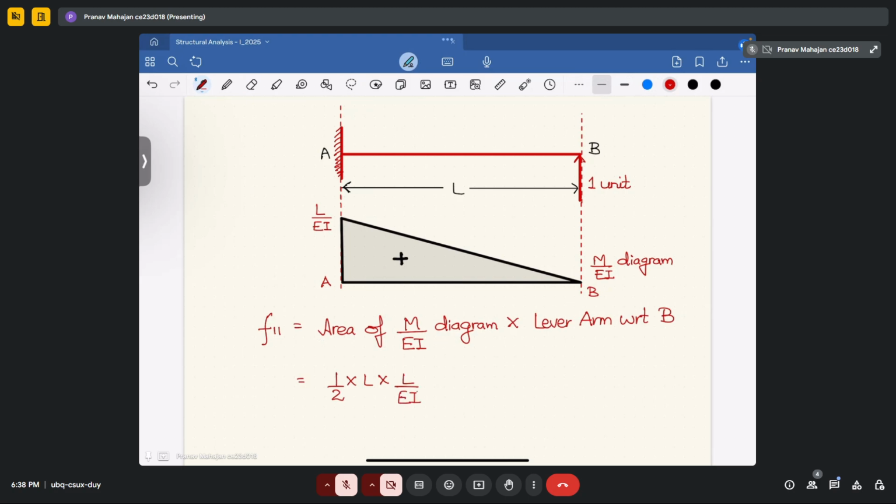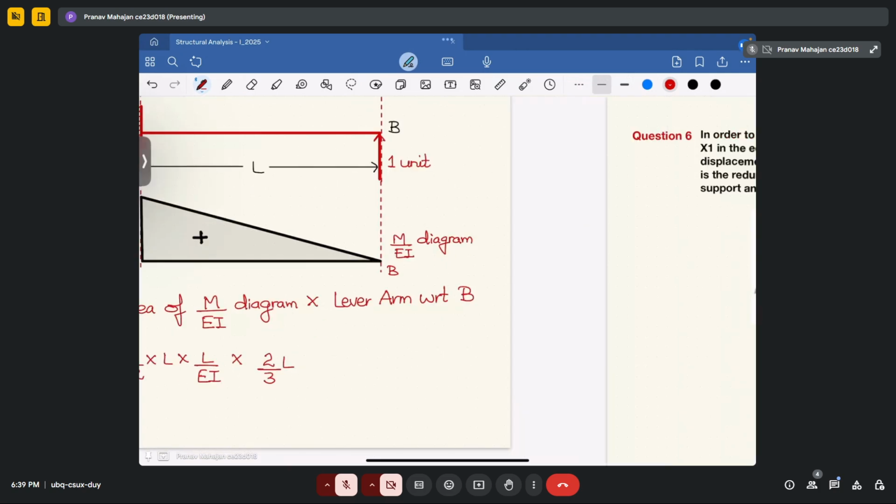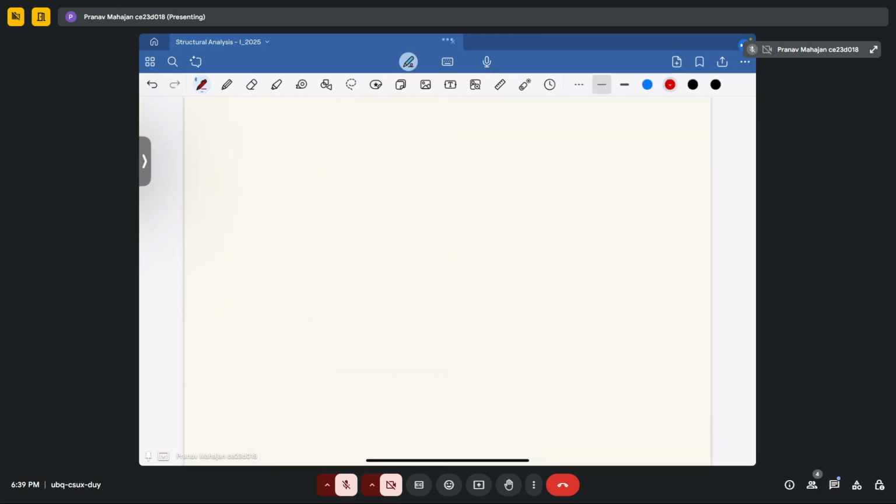That will give you the area of the M upon EI diagram. Multiply by the lever arm with respect to B. That will be 2 upon 3 into L.